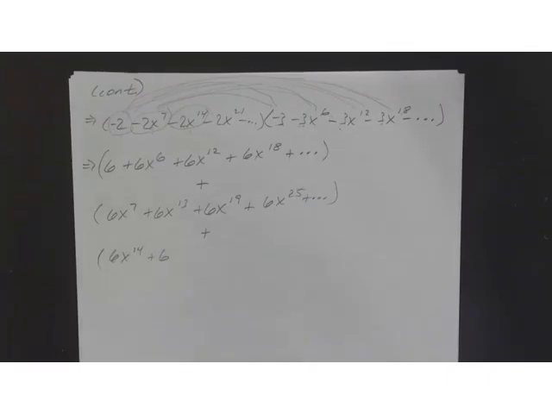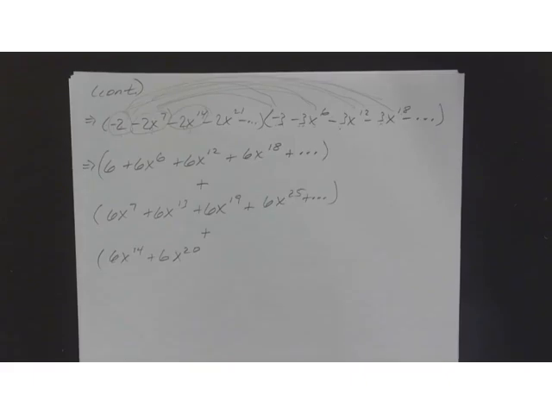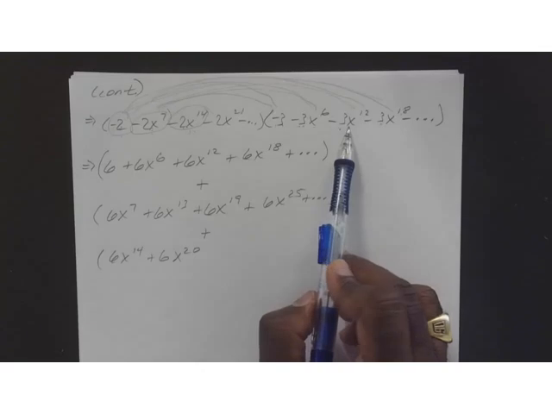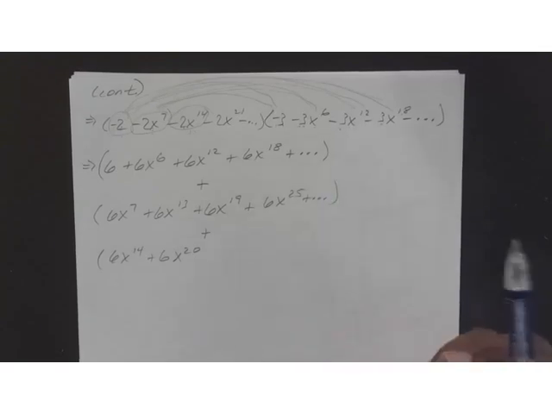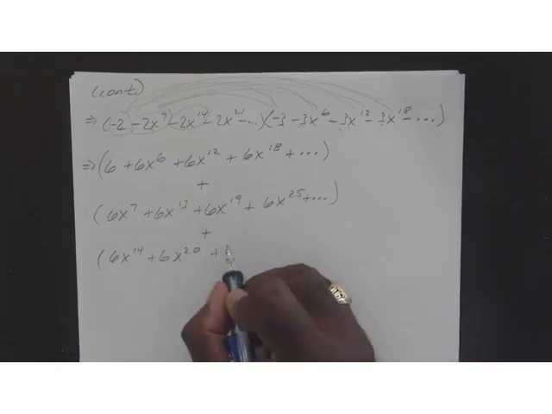That's +6x to the 20th power. And -2x to the 14th times -3x to the 12th is +6x to the 26th power.